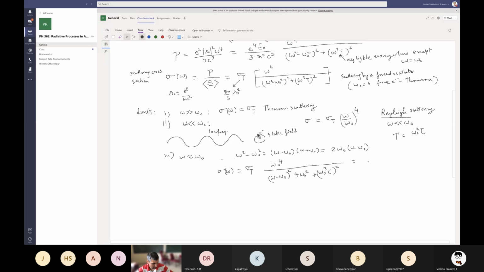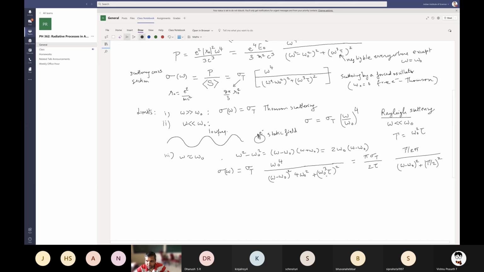We have pi sigma t by 2 tau times (gamma by 2 pi) divided by (omega minus omega naught) squared plus (gamma by 2) whole square. Let's see if we get that.